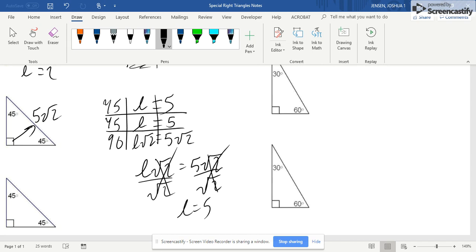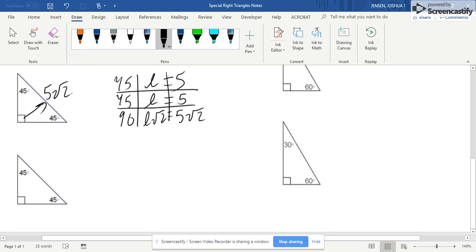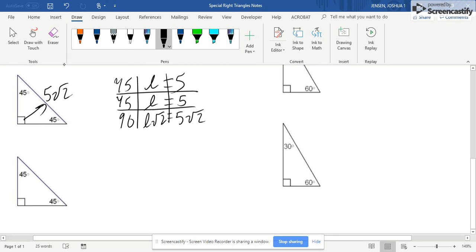Not every time will we have the square root of 2 in front of the L, though most of the time you'll see that. Occasionally you might have, for instance, for our last triangle, let's just go with 16.